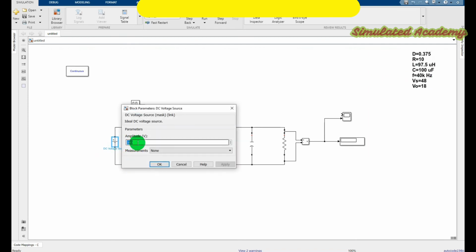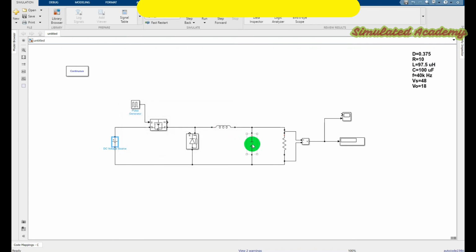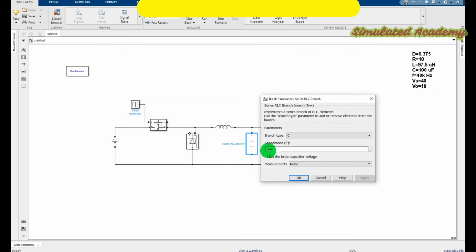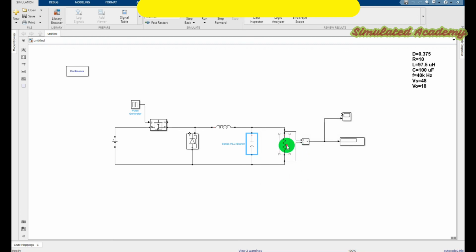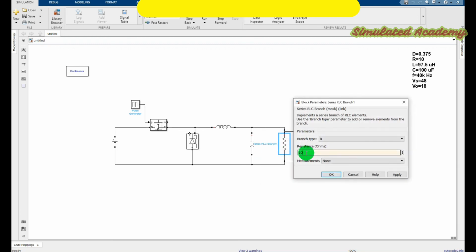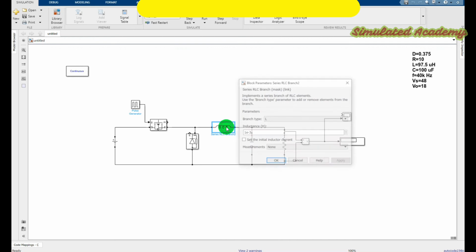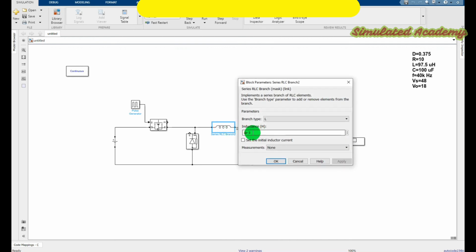The source is 48, the capacitor value is 100, the resistor is 10, and the inductor is 97.5 times 10 raised to power minus 6.